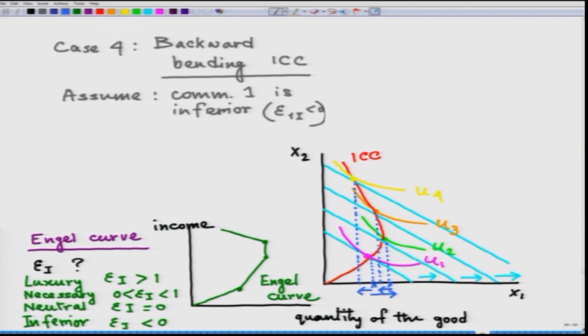Now, note that one particular commodity at a very low level of income will always act like a normal good. So, the Engel curve can be a straight line, or it can be convex or concave to the origin, but it will be upward sloping. But once some level of income is reached, the consumer may think that the commodity whose consumption he is increasing with income may not be a good idea to go with.